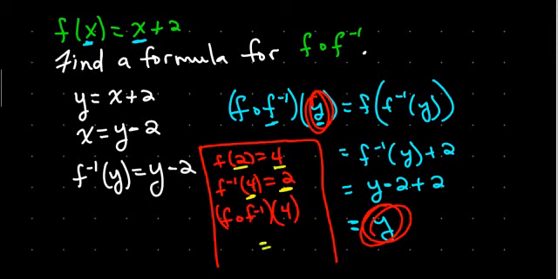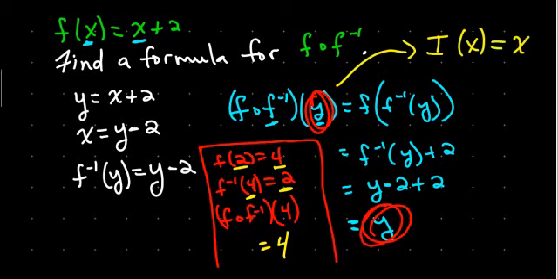So this is going to equal 4. That's the most useful thing about inverse functions: when you compose them, you get the identity function. That is, this is the same as I of x equals x.